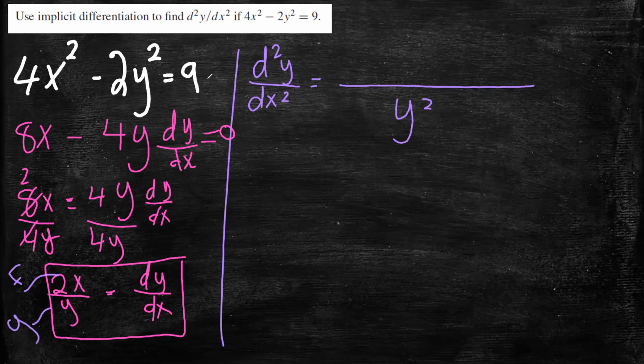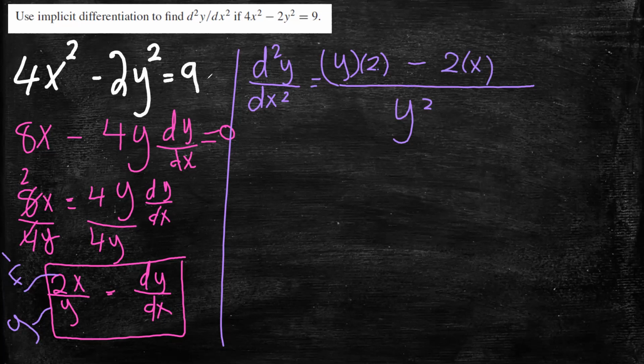So y squared, then down, we will say g, which is y, times f prime. What is the derivative of 2x? 2. Minus. So we said g f prime minus f, which is 2x, g prime.